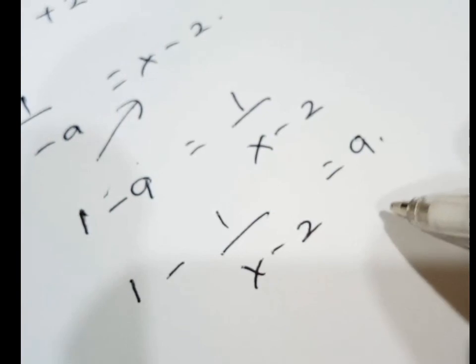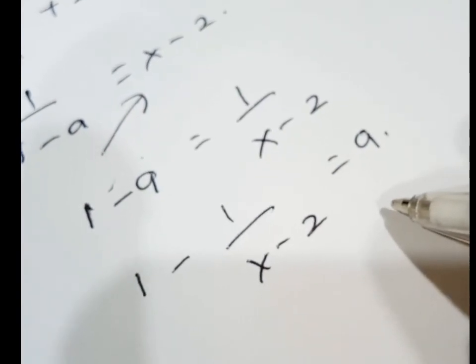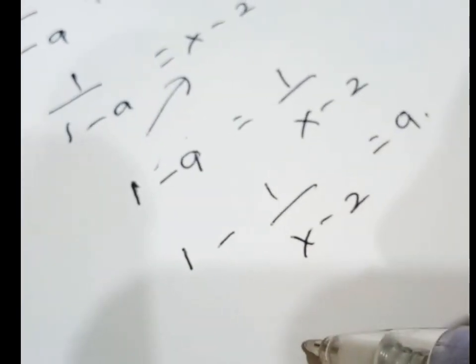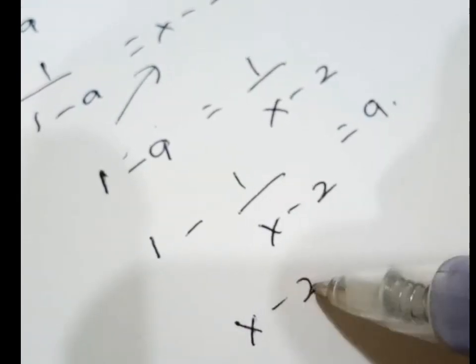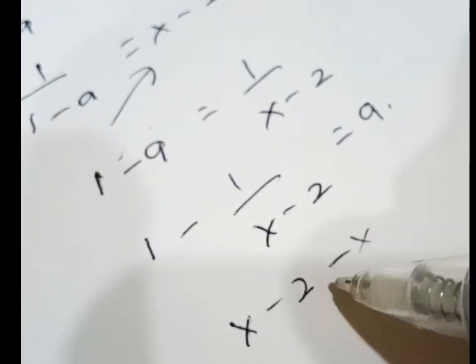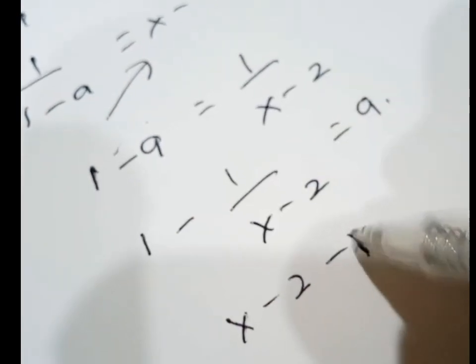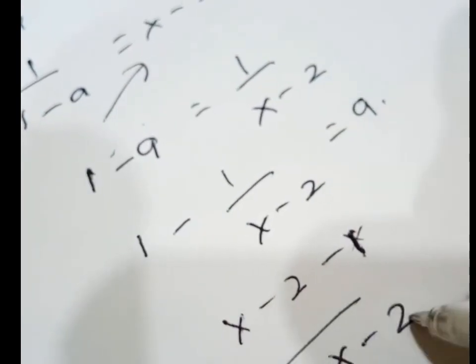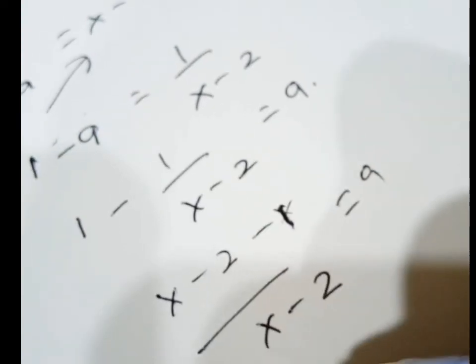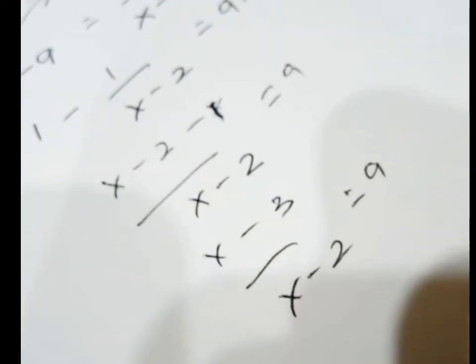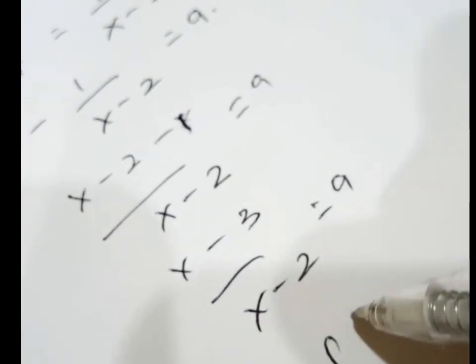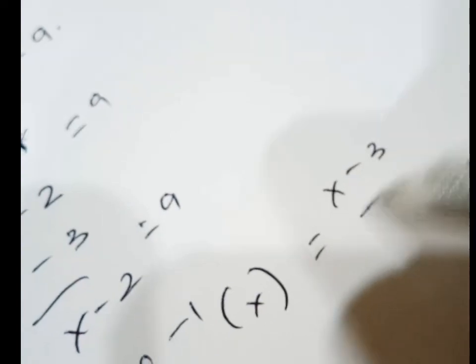We can further simplify it: x minus 2 minus 1 over x minus 2 equals a, which is x minus 3 over x minus 2 equals a. Therefore f inverse of x is given by x minus 3 over x minus 2. That's it.